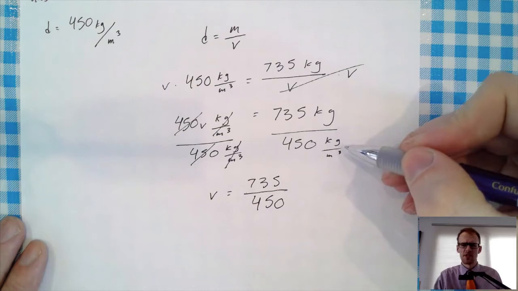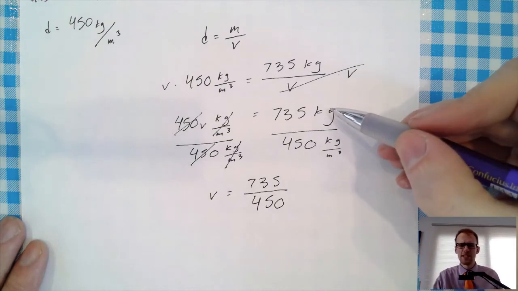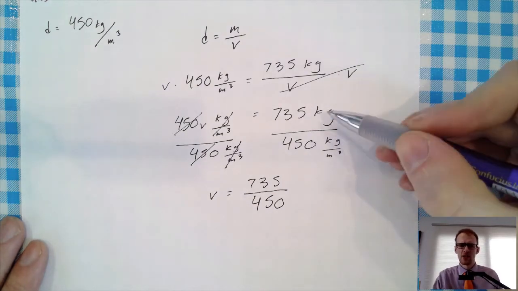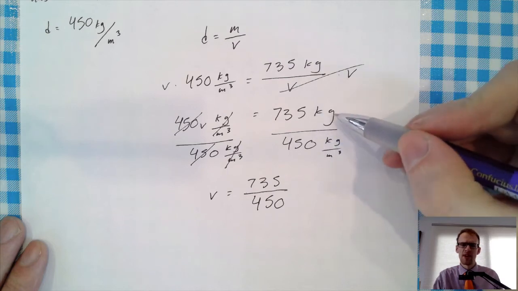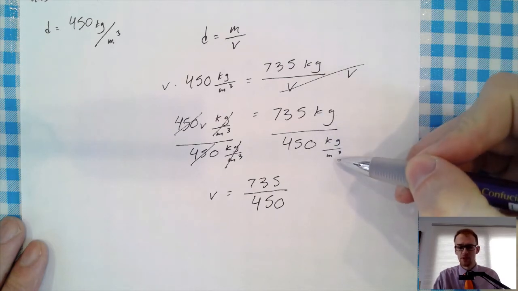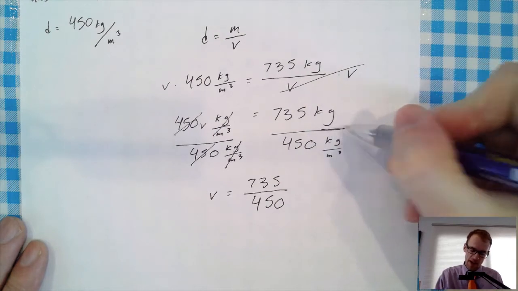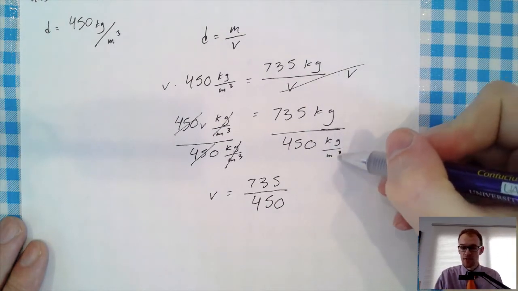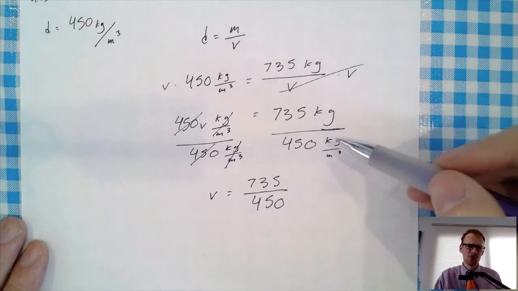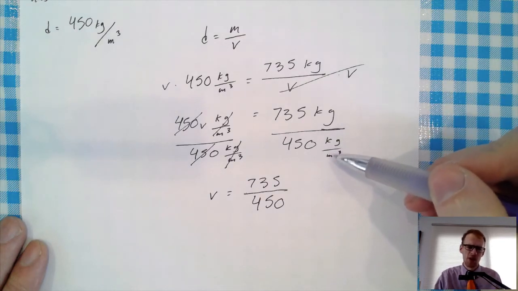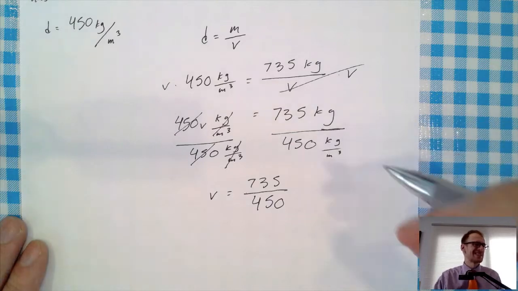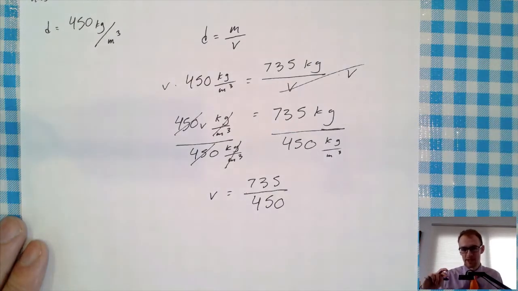But what are my units here? I have kilograms divided by kilograms over meter cubed. I have a unit divided by a quotient of units. Okay, remember when you divide by a fraction or divide by a quotient, it's the same as if you multiply by the reciprocal of that fraction.